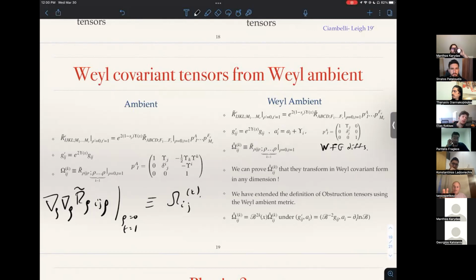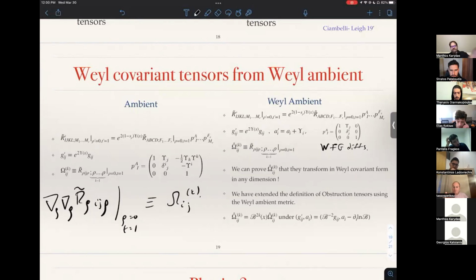Usually, in the simplest case without all this ambient stuff, you take the Ricci scalar and ask how it transforms under a Weyl transformation, and you find that it gets additional terms that are derivatives of the Weyl rescaling parameter.